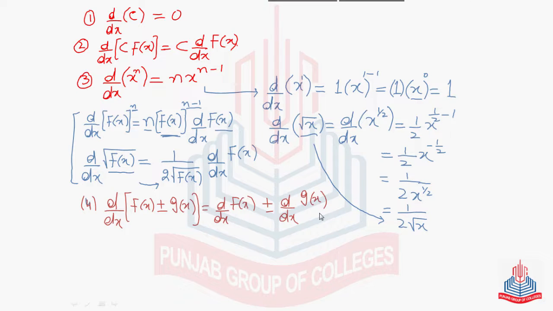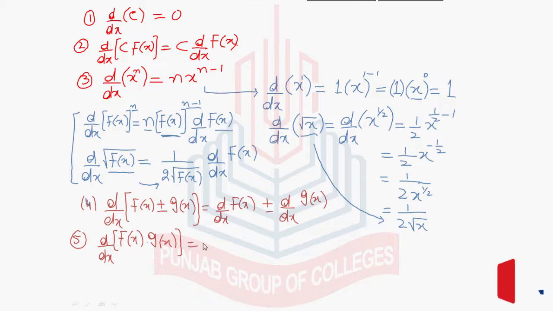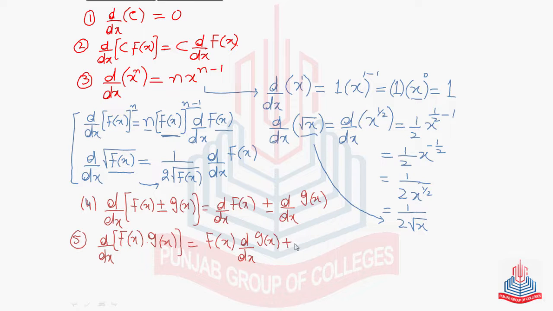And similarly, the fifth theorem was d by dx of f(x) into g(x). If we want to differentiate a function which is in product form, that will become f(x) and d by dx of g(x) plus g(x) d by dx of f(x).